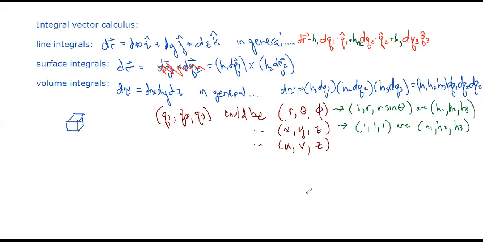Okay. So we'll just kind of keep on this Gauss's law theme, because Gauss's law is really important, and honestly, probably 90% of the volume integrals you will do in your undergrad career are kind of like Gauss's law related.